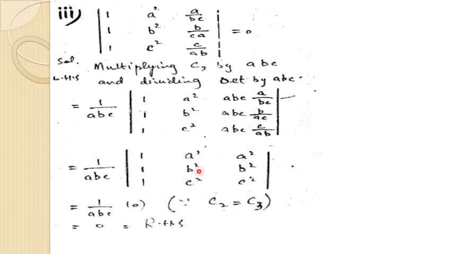Now you can see column 2 and column 3 are identical, so the whole determinant is 0, 0 multiplied by something is 0. And where does this abc come from? When you multiply something, it should be divided for the balancing. And I told you before, in the previous lecture.